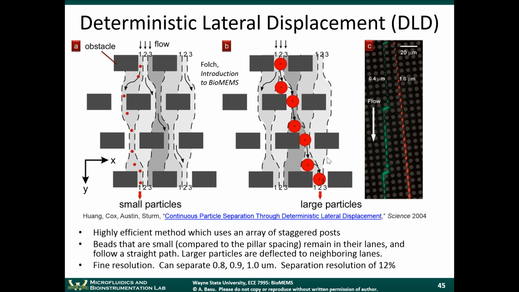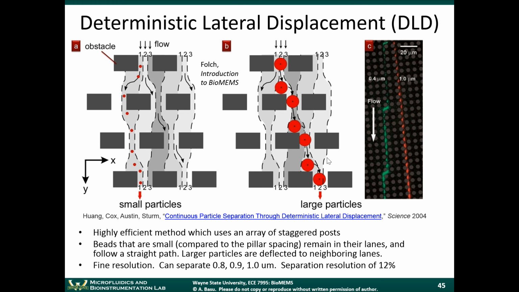A very cool technique, which was published in Science magazine in 2004, is deterministic lateral displacement. Now, this is an interesting technique. You have to look at it a few times to get it. But it's a very highly efficient method, which is why it's worth understanding.